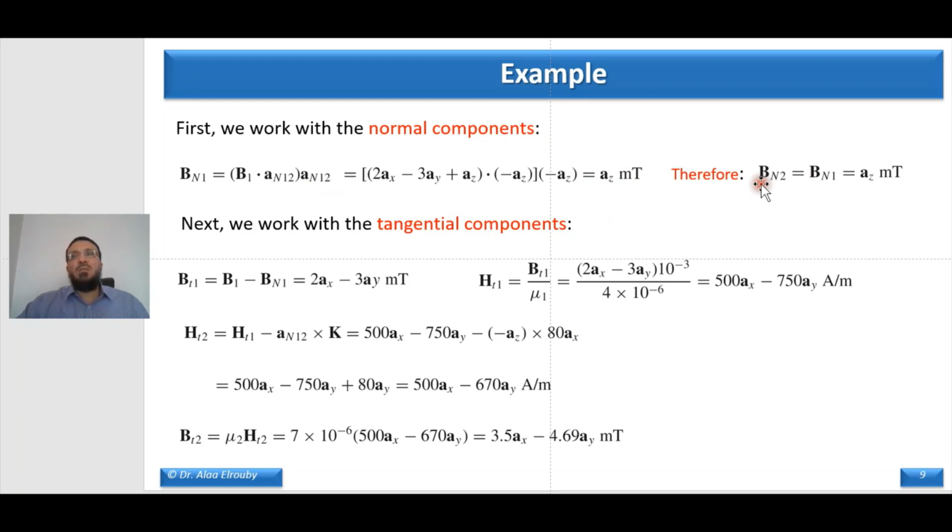We know that the boundary condition is B normal 2 equal B normal 1, so we found the first part of B2, which is the normal component in the az direction.